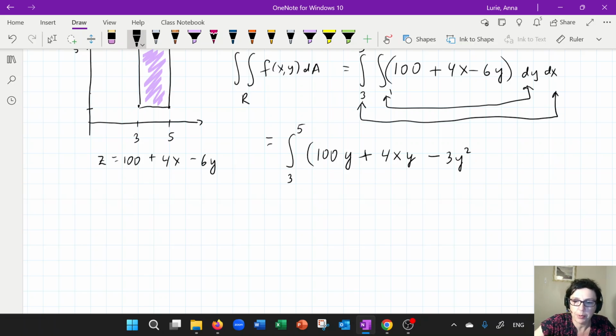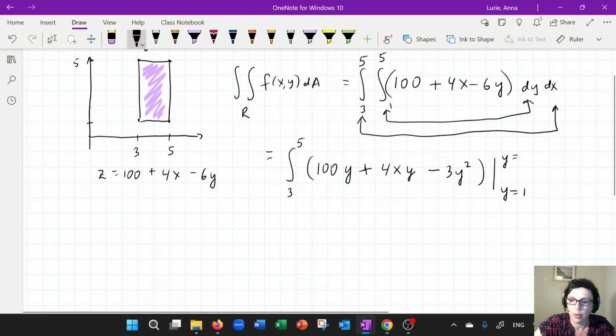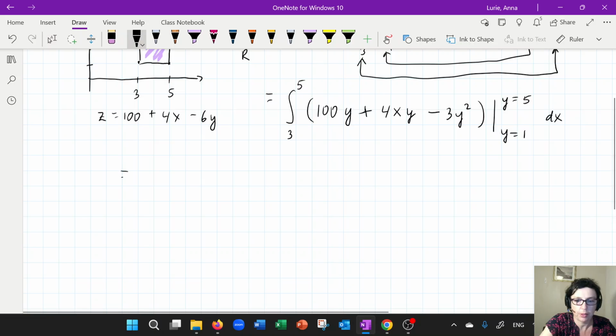Okay, so when I substitute, it is very important that you write which variable you are substituting for inside the integral. So this would be y equals 1 to y equals 5, right? And then the dx is still outside. Okay, so now let's do some algebra here. Quickly substitute for y. So first we substitute in 5, which is going to give me 500.